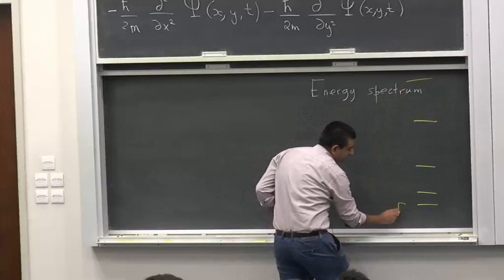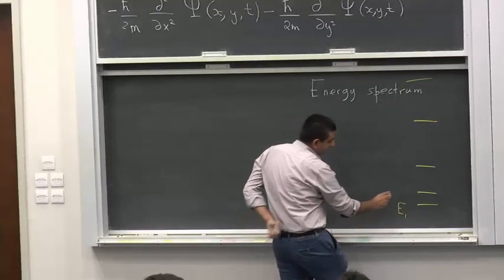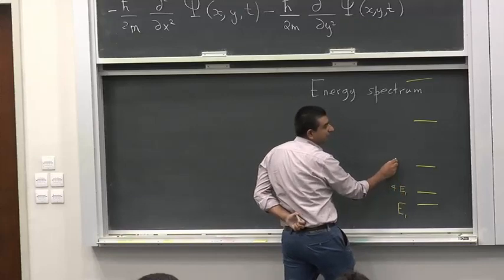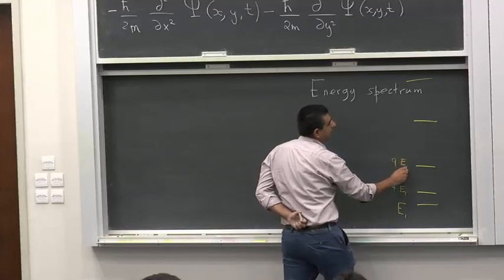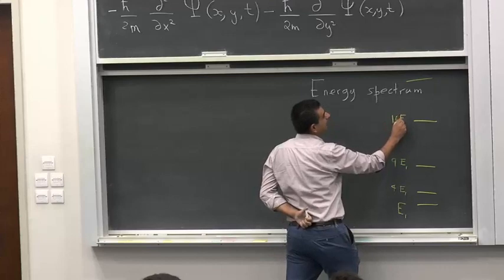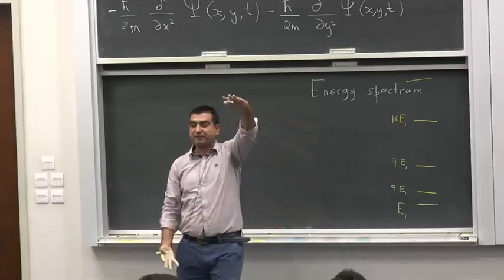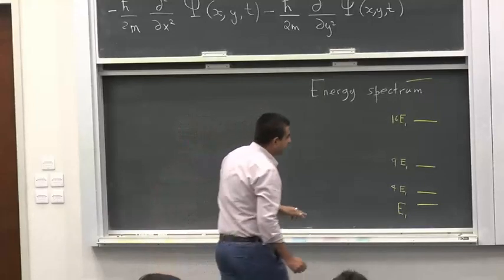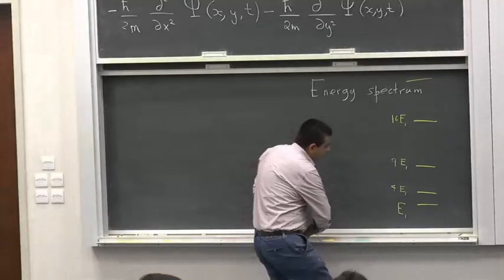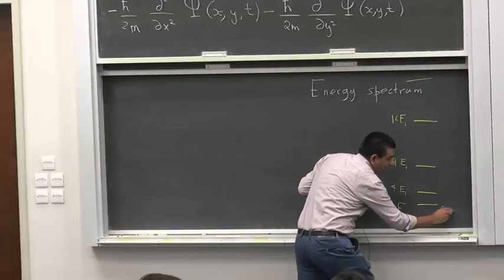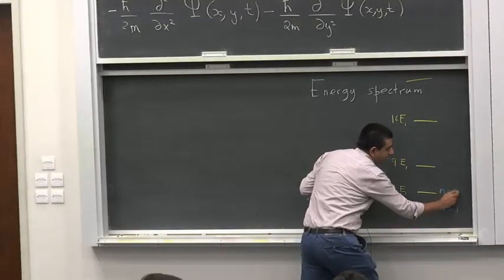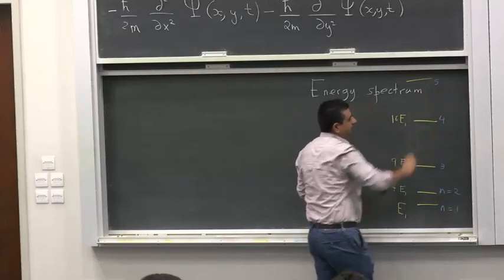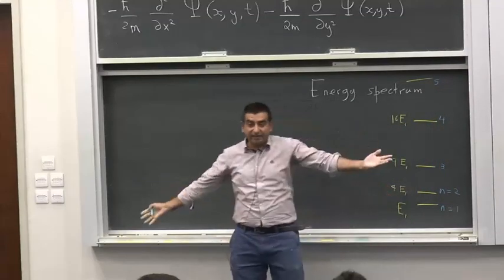I had some energy E1, the next energy was 4E1, the next was 9E1, then I had 16E1. This is the energy spectrum for a one-dimensional infinite well. And these energies are determined by the values of n. So here n equals 1, n equals 2, n equals 3, n equals 4, n equals 5. So the n determines the energy of the system.